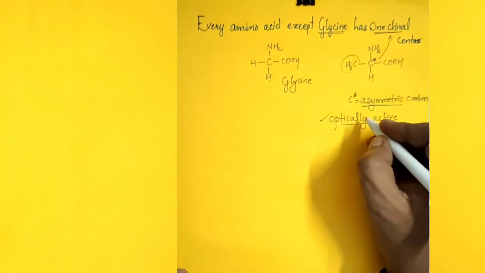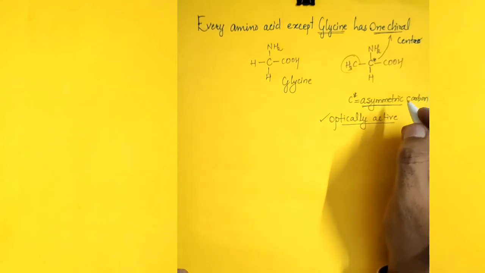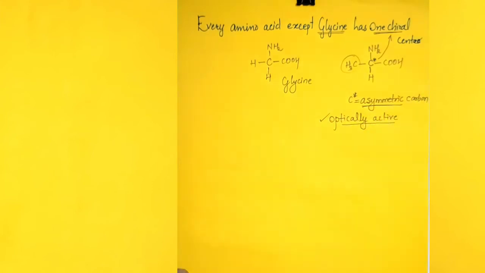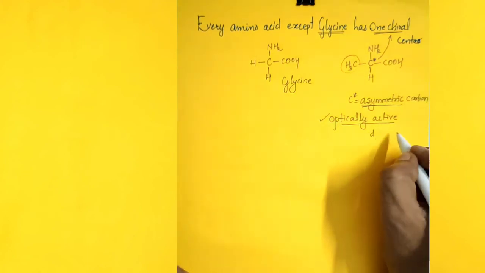An optically active molecule shows DL configuration, that is, dextro-rotatory and levo-rotatory molecules.